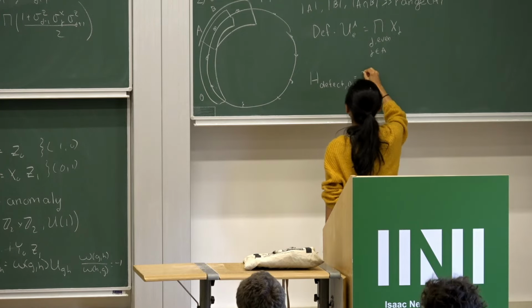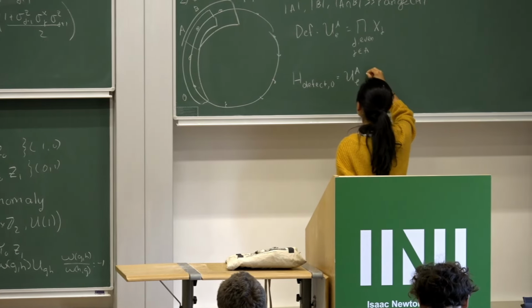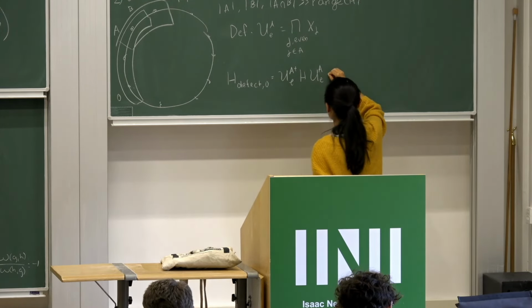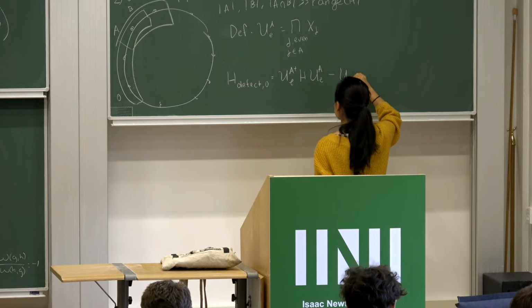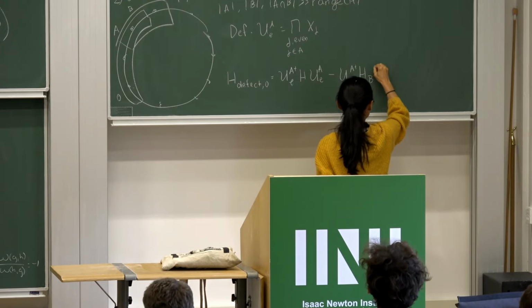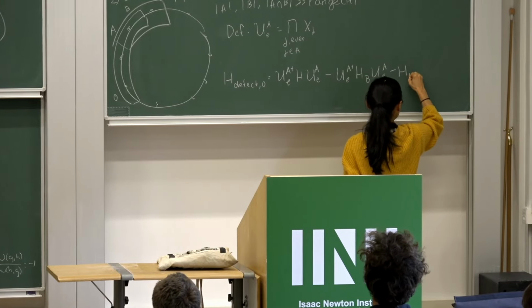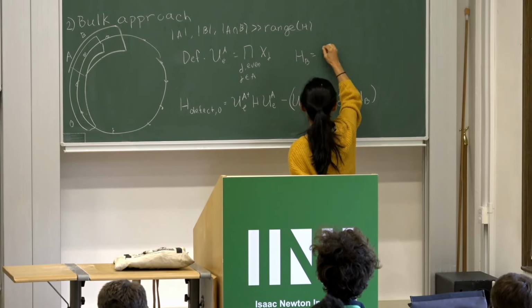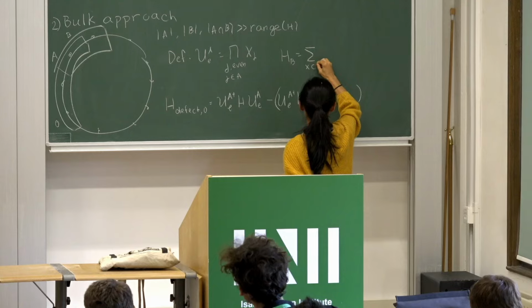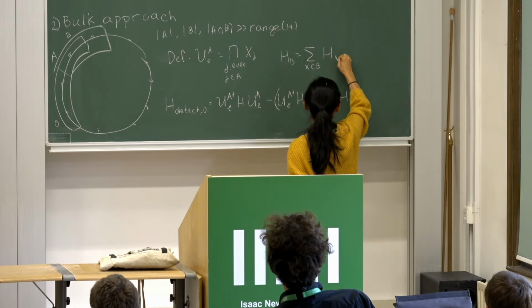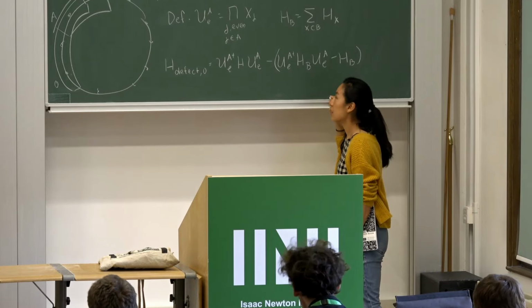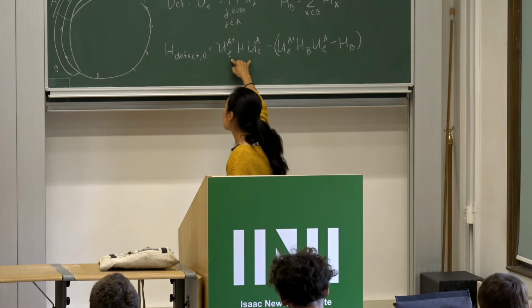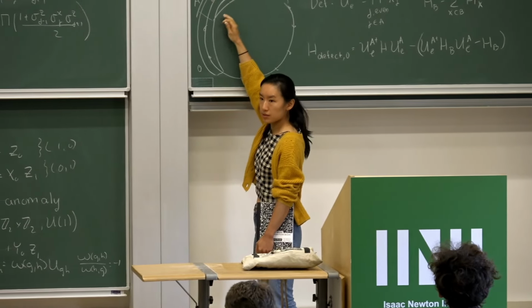So what H_B is, is the restriction of the Hamiltonian to region B. So what you can see this is doing is it conjugates your Hamiltonian by the symmetry action along this interval.